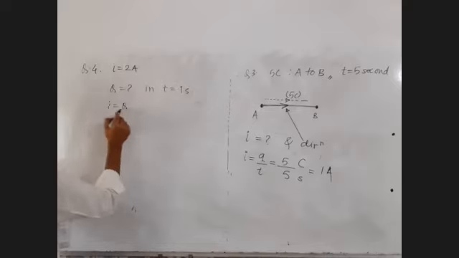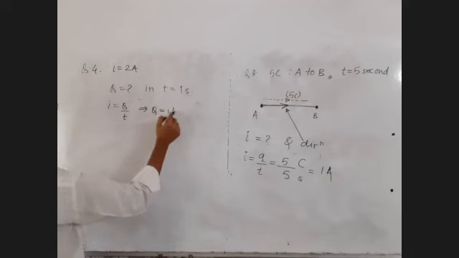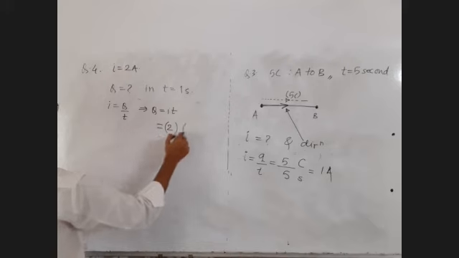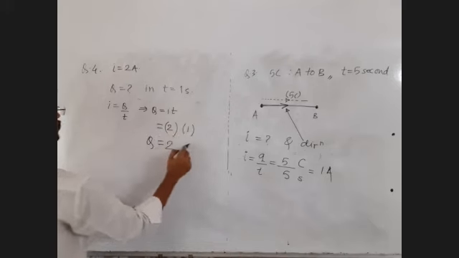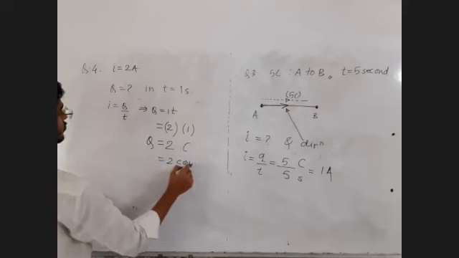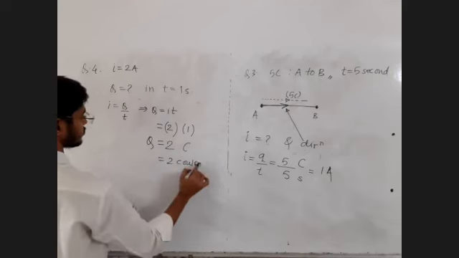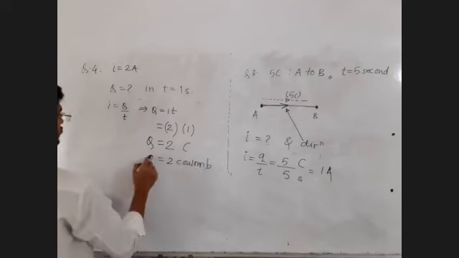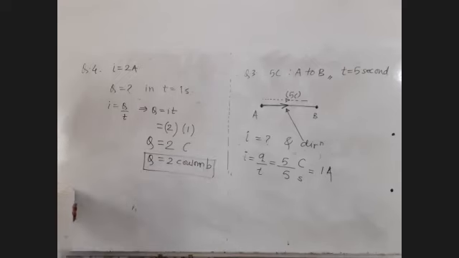I is equal to Q upon T, implies Q is equal to IT. The value of I is given, 2 ampere. Time is given, 1 second. How much charge will it be? 2 coulomb. Coulomb. Check. That was a very simple question.